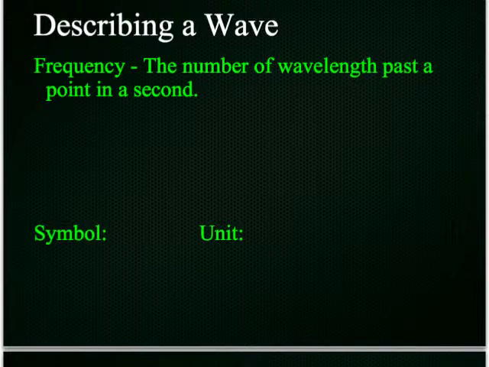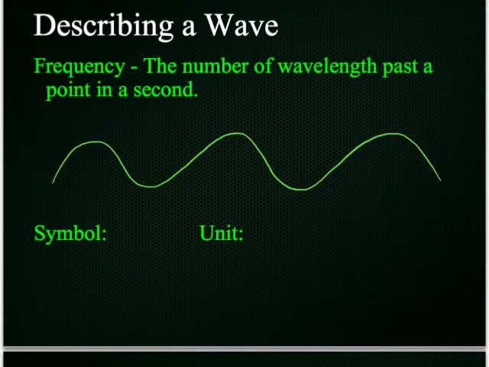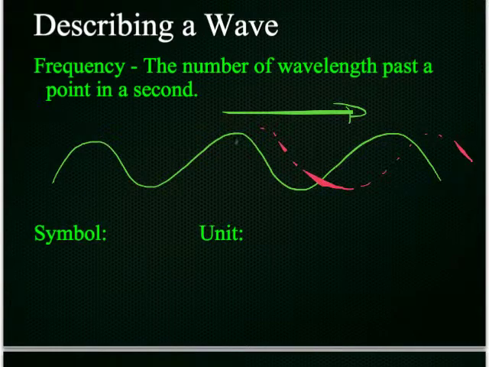Frequency is the number of wavelengths past a point in 1 second. So imagine there's some waves being created and they're travelling along. In the future, the crests will be moved along. Now, if you're standing at this line here with a stopwatch, and you time for 1 second, and you count how many full waves go past that point.